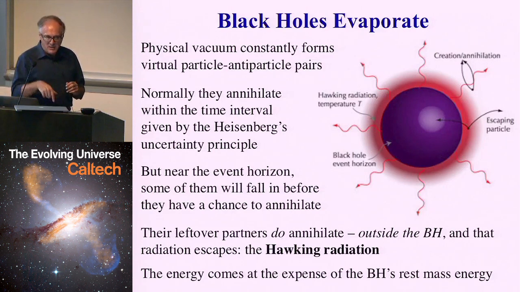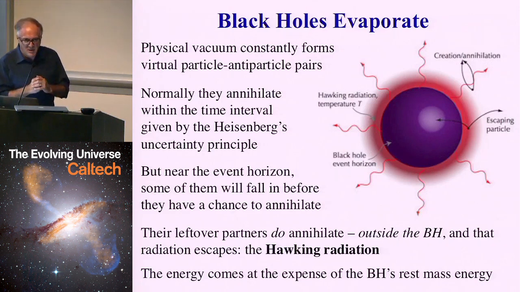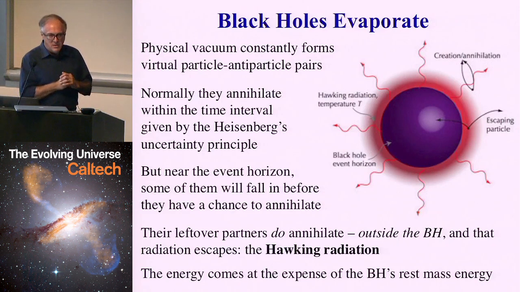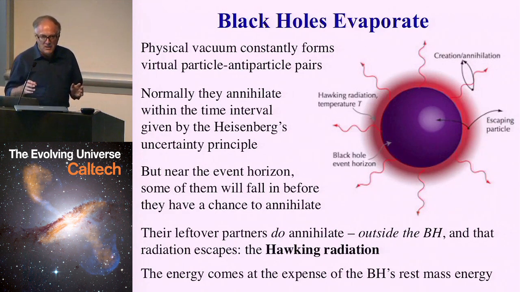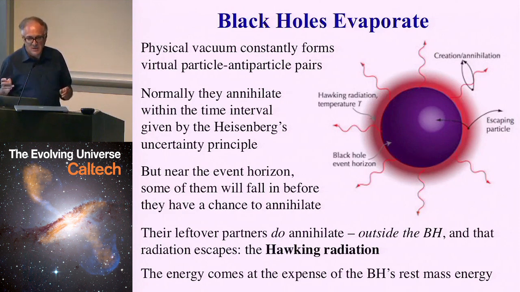And in the end, there is like a flare, and the black hole is gone. If you ask yourself the question, how long does it take? You can compute that formula and match that to the age of the universe. You find out that those are some pretty small black holes. So the ones that we know about, like stellar black holes or galactic ones, they'll last a long, long, long time. So we won't be able to observe this.